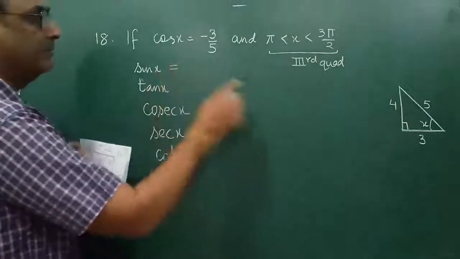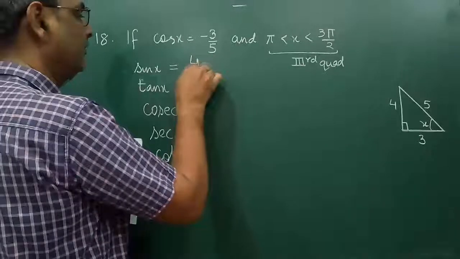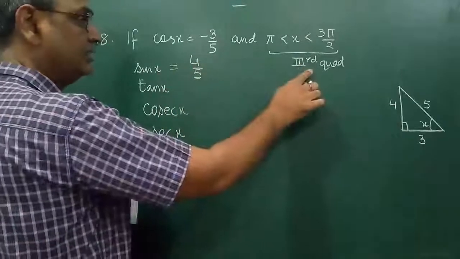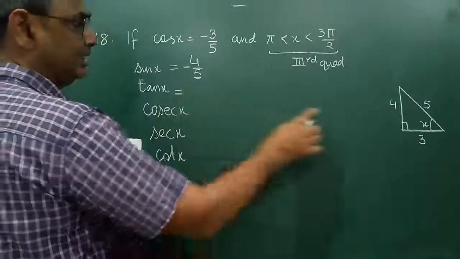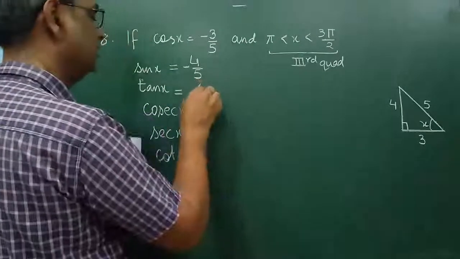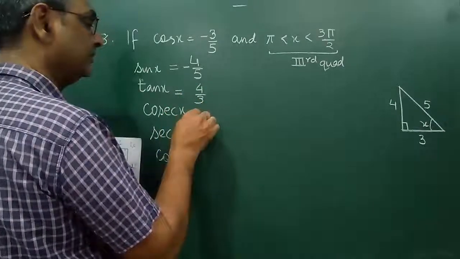Sin x is perpendicular upon hypotenuse, 4 upon 5. It is in the third quadrant, so here we will put a minus sign. Tan x is 4 by 3. In the third quadrant it will be positive.